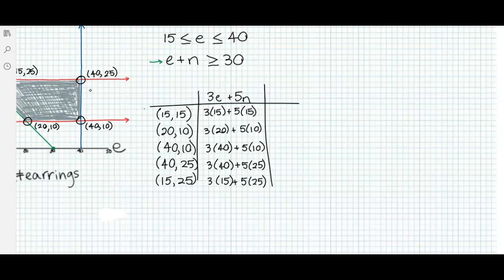Alright, this gives me 45 plus 75, which is 120. She would make $120 if she did it that way.